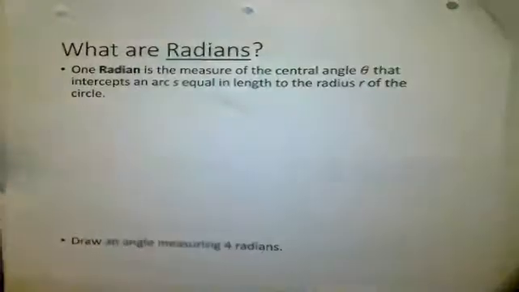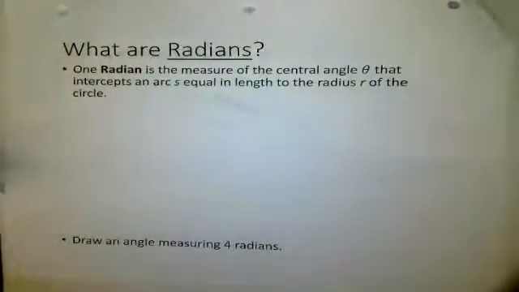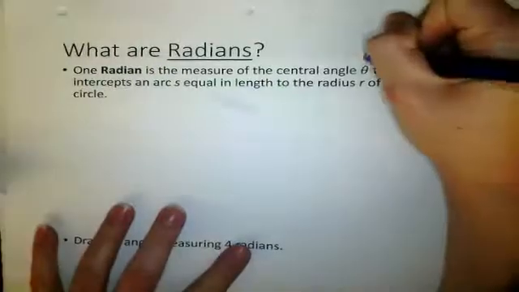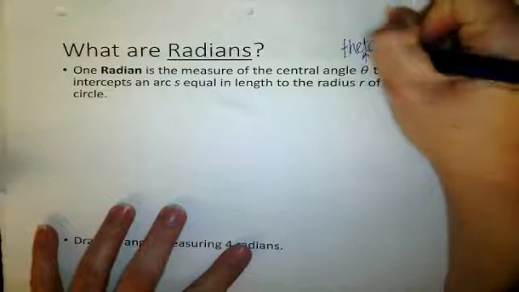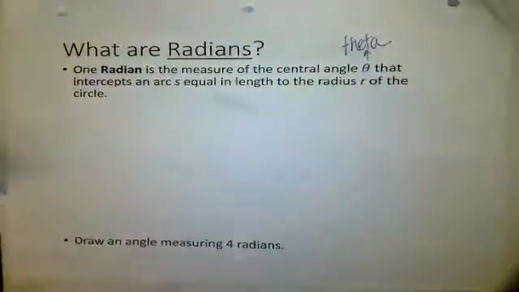What are radians? Go ahead and write this down. This is the definition of radian. One radian is the measure of the central angle theta. This little figure is theta. It is the Greek letter that we use to represent angles in trigonometry. So you'll see theta all the time. One radian is the measure of the central angle theta.